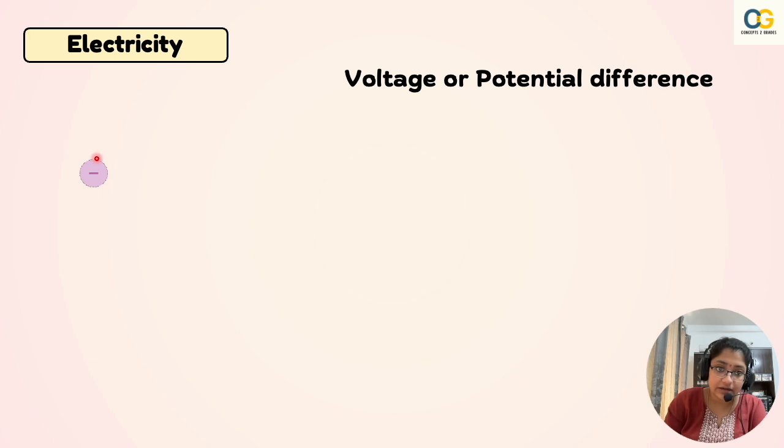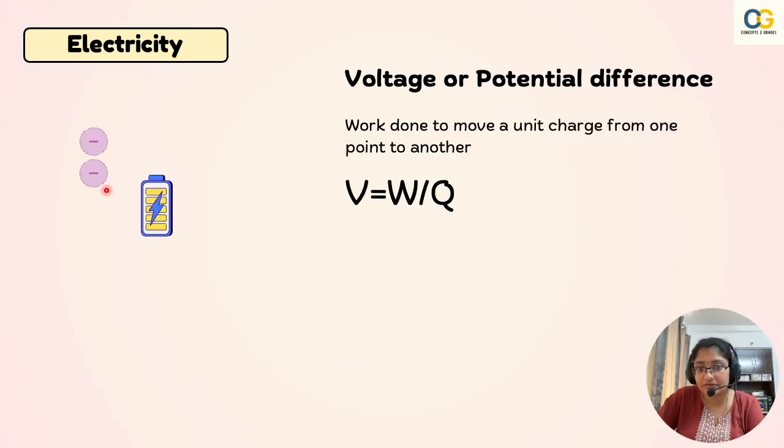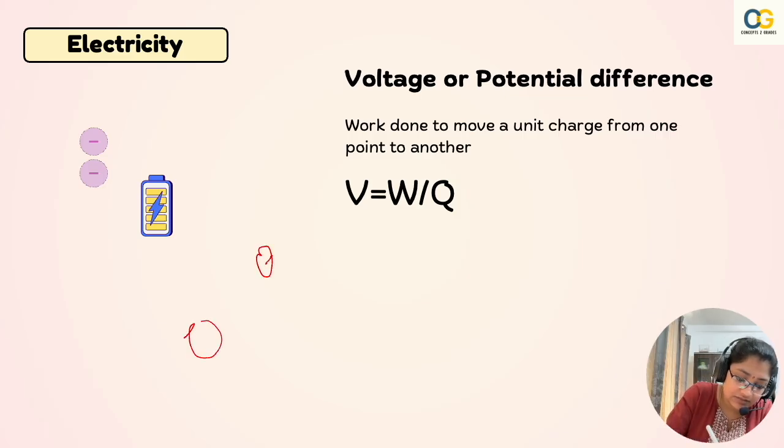So the work done per unit charge, so per charge how much work is done, is given by the potential difference. The work done to move a unit charge from one point to another is called potential difference. Because let's say all charges are here, I move from different places, I take different charges. For example, here there is one charge, here there is one charge.